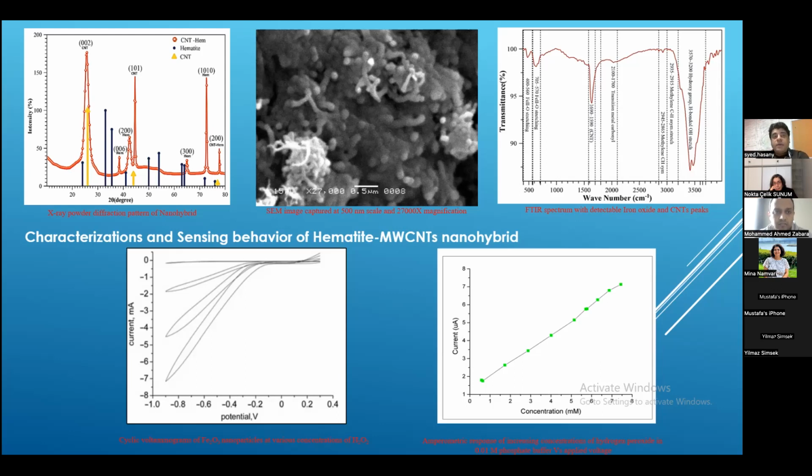For different concentrations of hydrogen peroxide: 0 millimoles, 1 millimole, 4 millimoles, and 7 millimoles. Does this reduction peak correspond to the reduction of water or to the peroxide itself? It is the reduction of hydrogen peroxide into water.